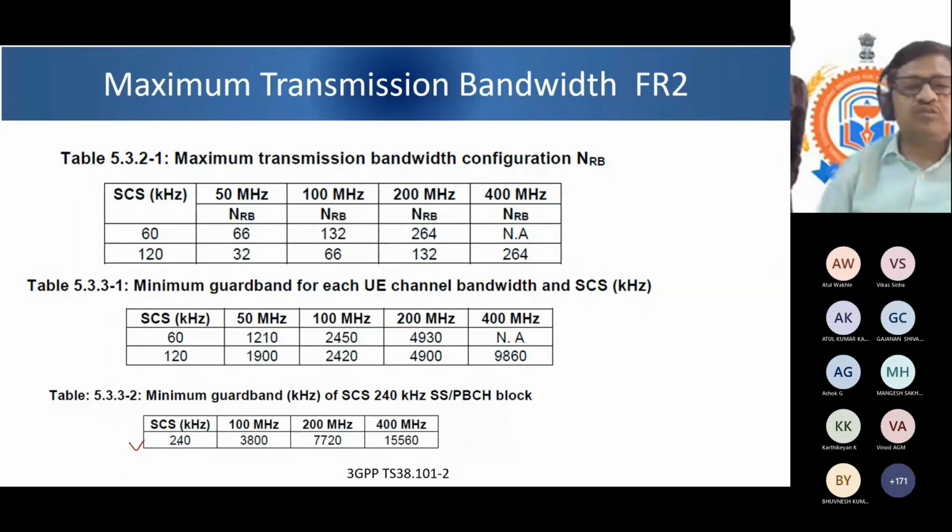So it is only for signaling, which is synchronization signal block, PBCH, etc. There they have defined 240 kilohertz, that is numerology 4, and they have defined you can go up to 400 megahertz channel bandwidth. So is this clear to everyone?